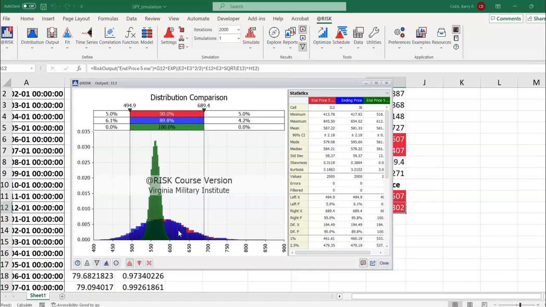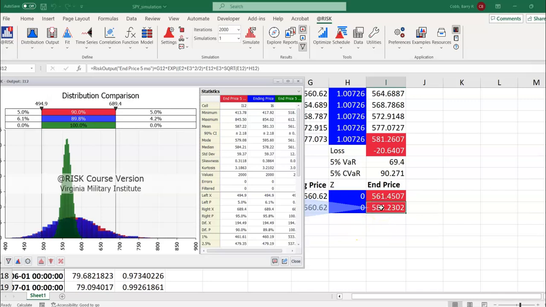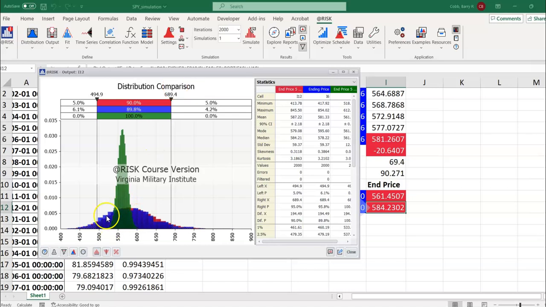And then the other one is the price 5 months out, right here, simulated using geometric Brownian motion. And we can see just how similar these distributions are. We can go over here and see that the means are very close. And the other statistics like standard deviation, for instance, is almost exactly the same.